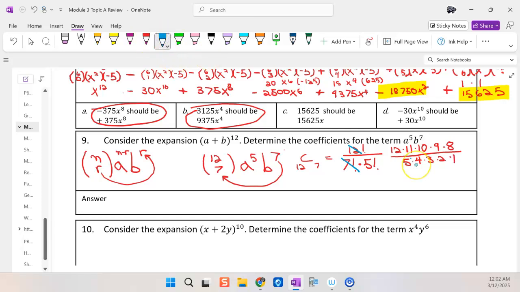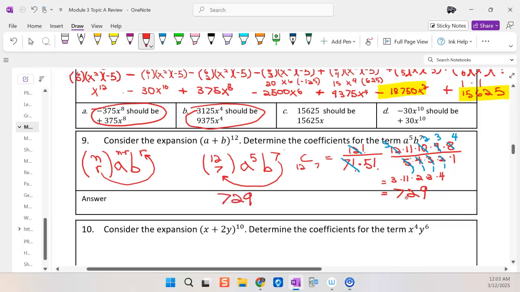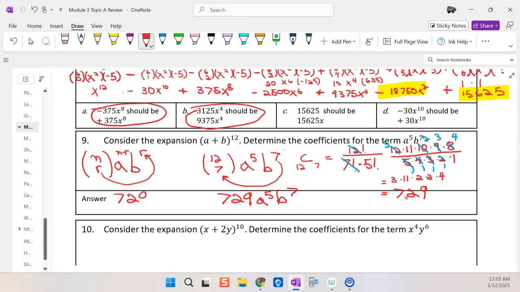And I can do some reducing here. 5 goes into 10 twice. 4 goes into 12 3 times. 3 goes into 9 3 times. 2 goes into 8 4 times. So in the numerator, I've got 3 times 11 times 2 times 3 times 4 all over 1, which gives me a total of 792. A is 5, B is 7. So the coefficient is 792.